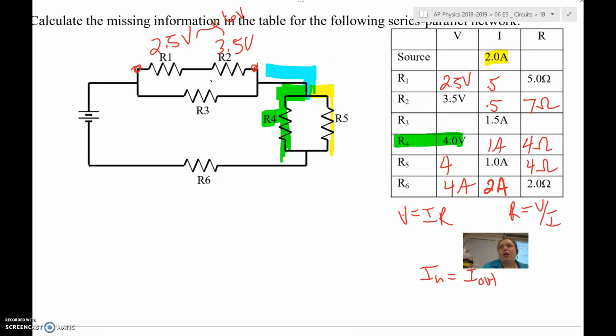So if that voltage drop is 6 volts, now we go back to Kirchhoff. If the voltage drop across one path is 6 volts, it's going to have to be a voltage drop of 6 volts across the other one.